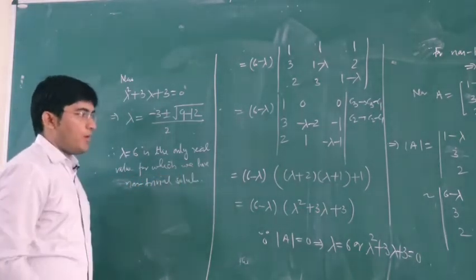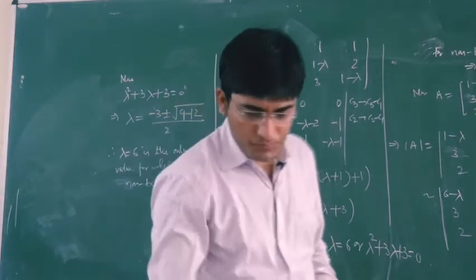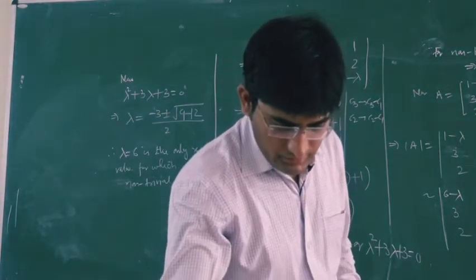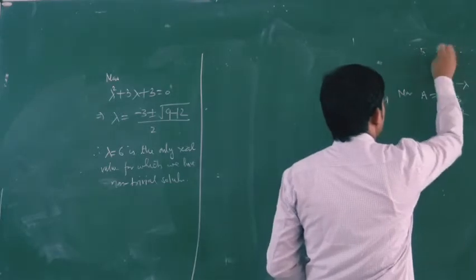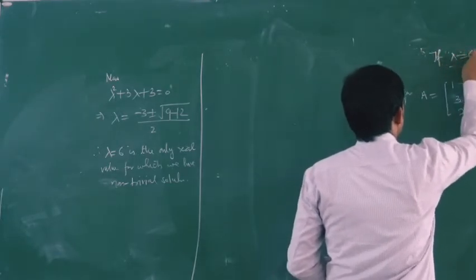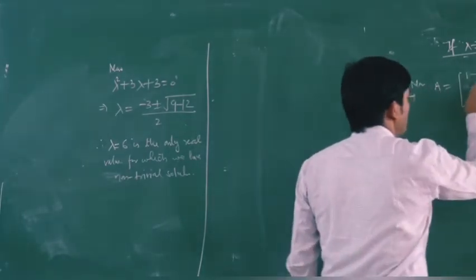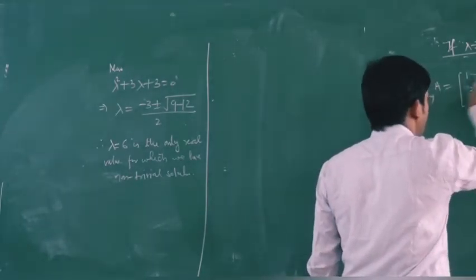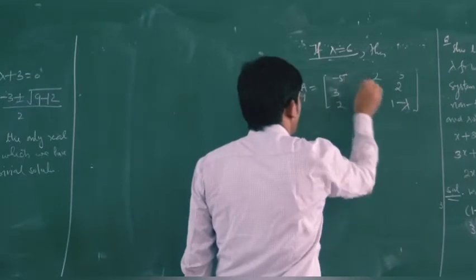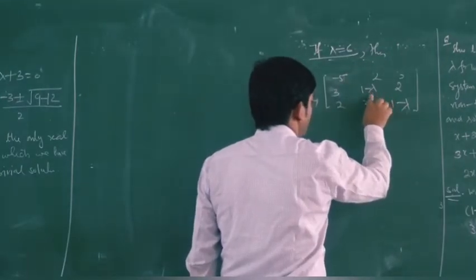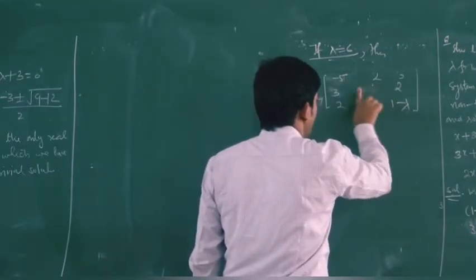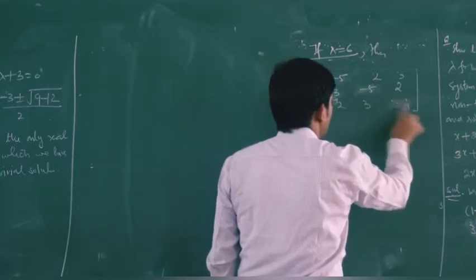Now we will solve this system of equations for this lambda. If you put lambda equal to 6, then this will be minus 5, and if you put lambda equal to 6 here, then this will be again minus 5, and then this is a minus 5.